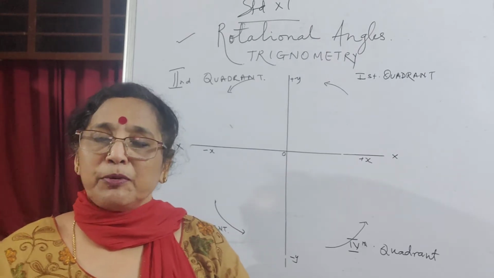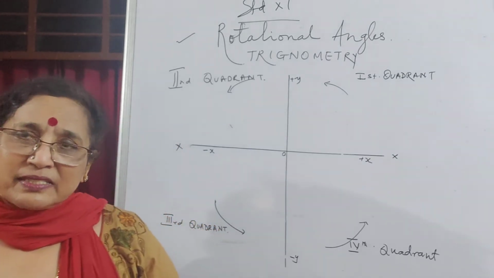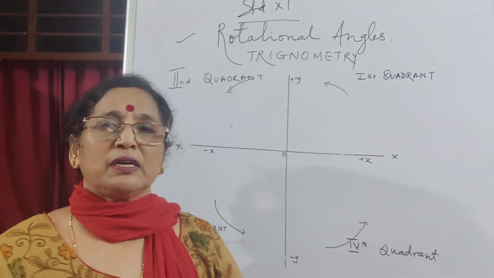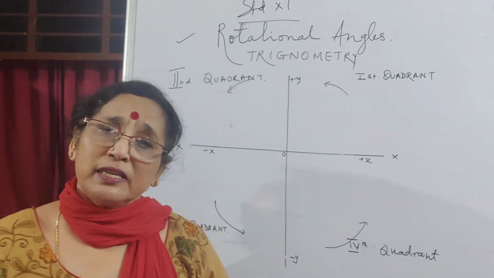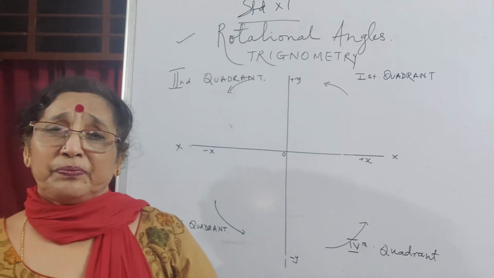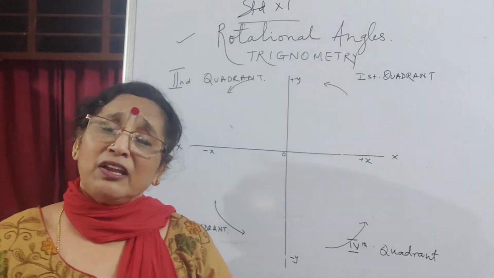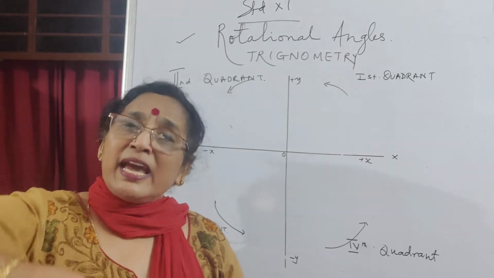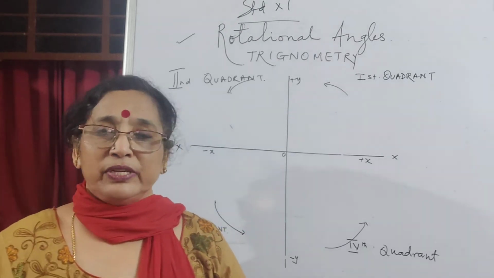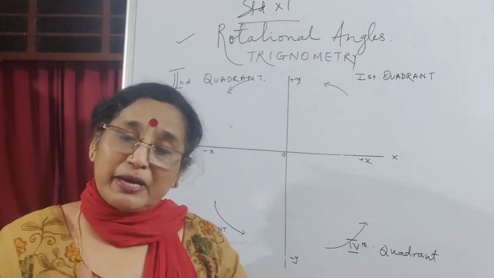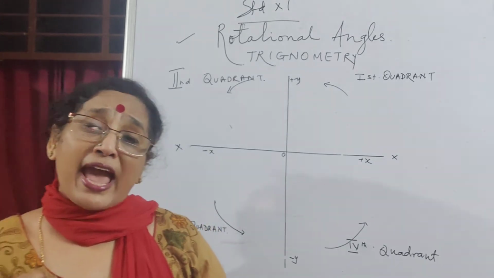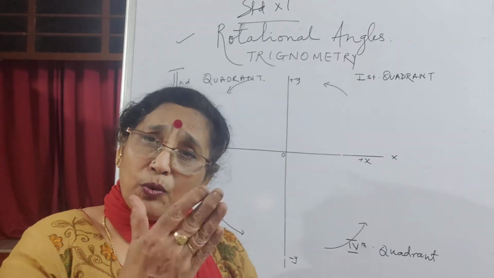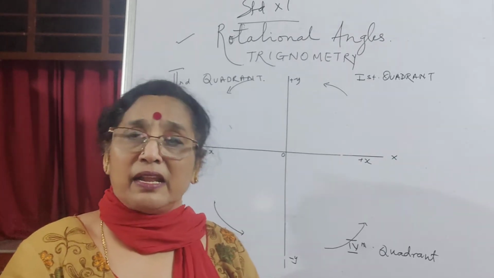For example, when I say I've completed 360 degrees, just now I said when we go once around the circle, we come back to the starting point, my displacement is 0. Similarly, my angular displacement is also 0. Though actually I have gone 360 degrees by angular measurement, angular displacement is the angle made between the starting line and the end line.